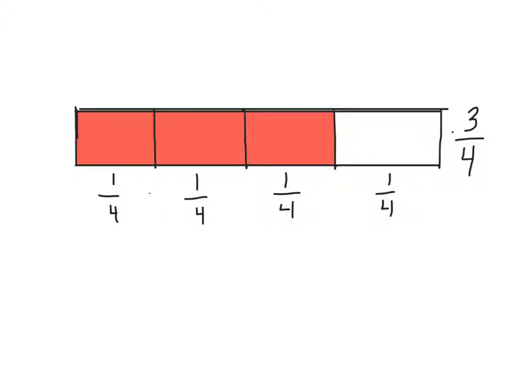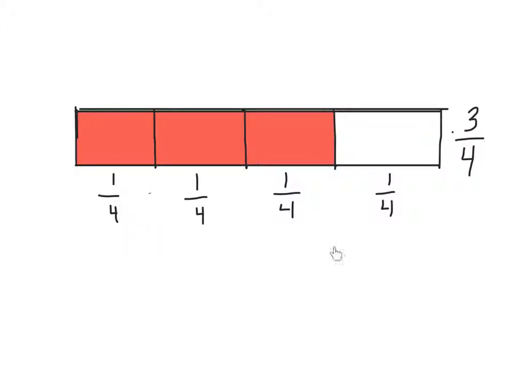So here we have a tape diagram, and this tape diagram is representing the fraction 3/4. So this tape diagram is divided into 4 parts. Each of these parts are considered 1/4.